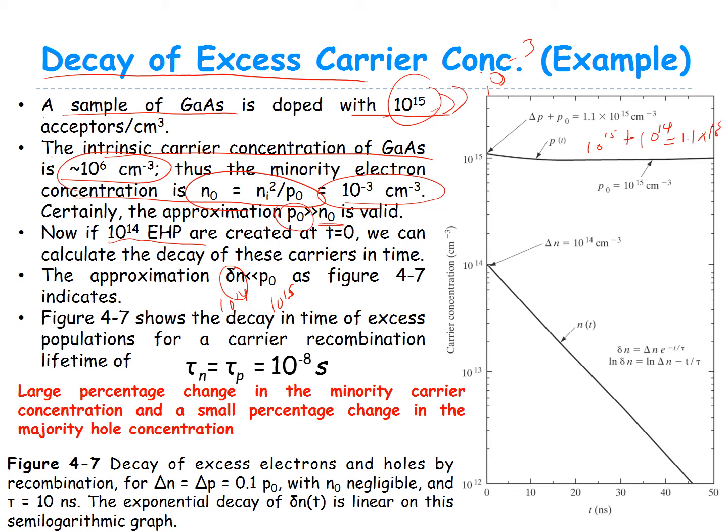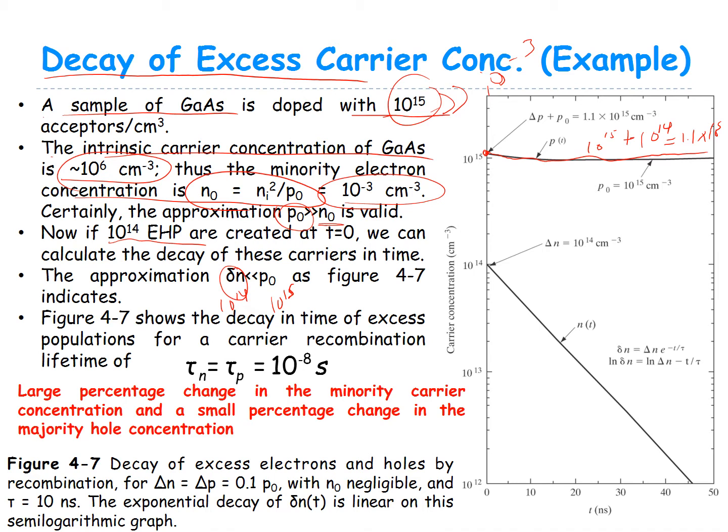So there's a slight increase. So at t equals 0, you're going to have this amount of hole concentration, and the hole concentration will slightly decrease with time to the equilibrium carrier concentration.